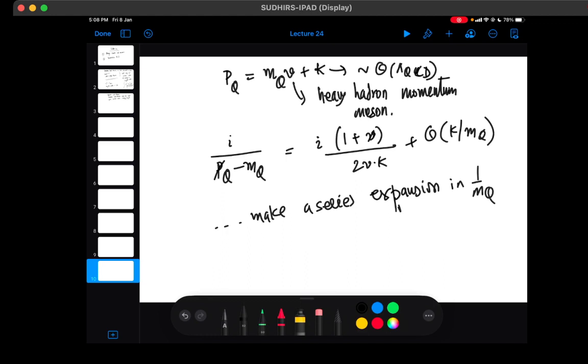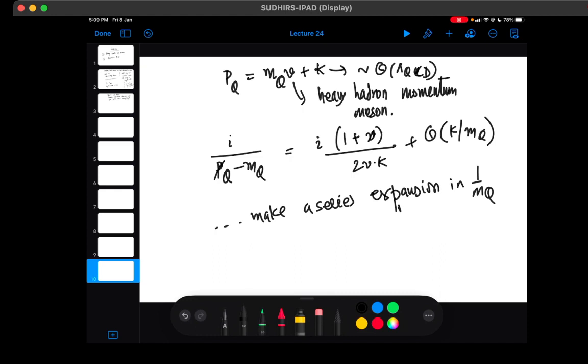In terms of the heavy quark, you can make a series of expansions, which is like saying that the heavy meson is dominated mostly by the heavy quark inside the hadron.